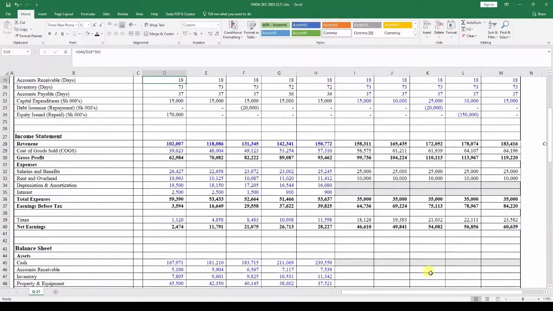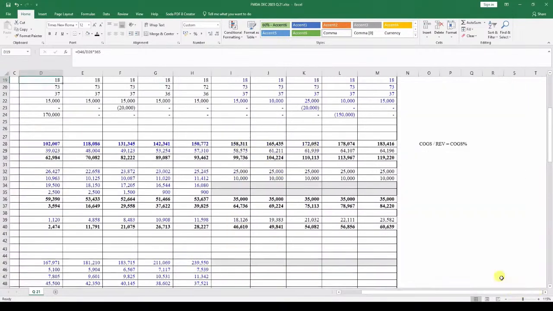So we're just going to pick the days over here, accounts receivable days. Accounts receivable is going to be given as the days, and then we multiply that with the revenue, and we divide all of this by 365. So days times revenue over 365.